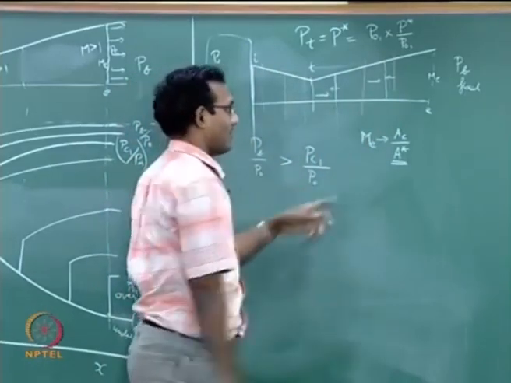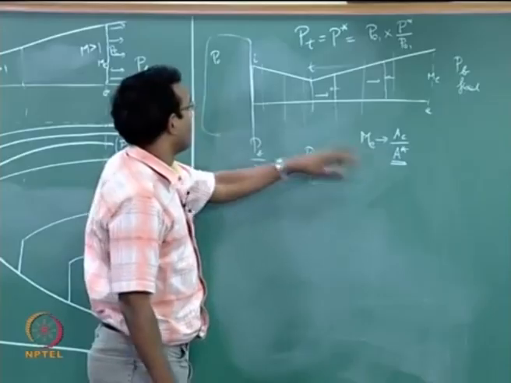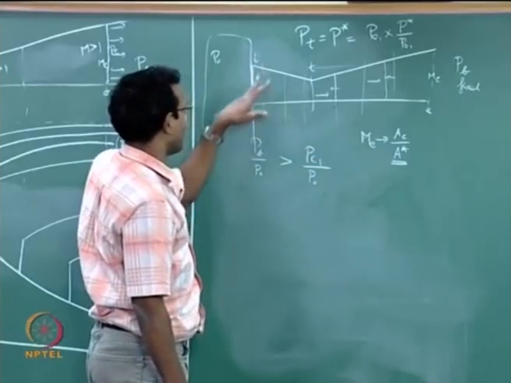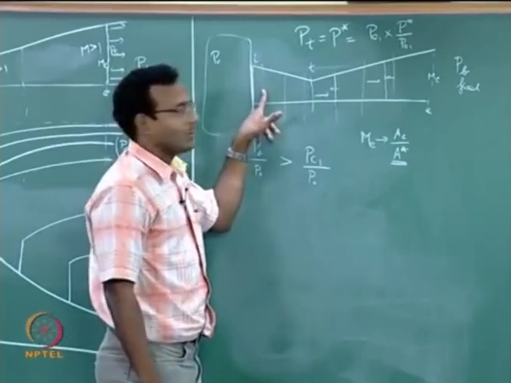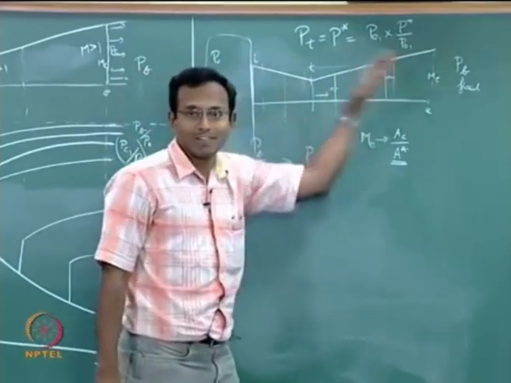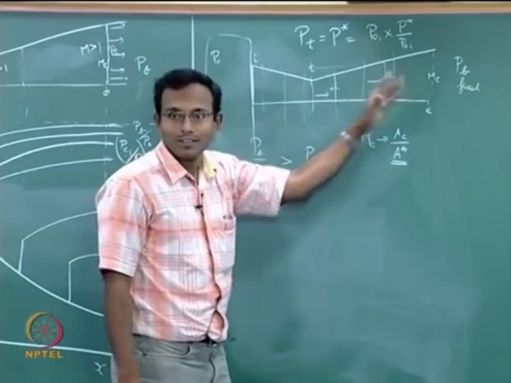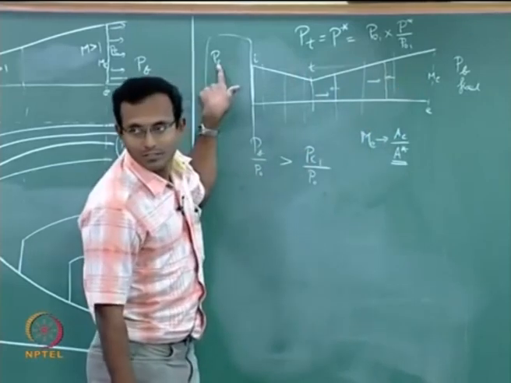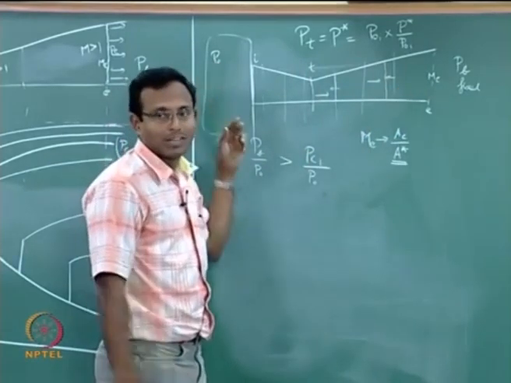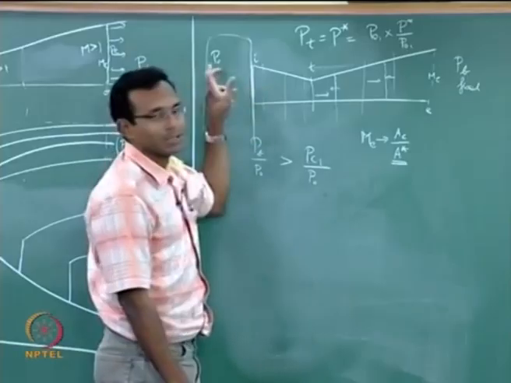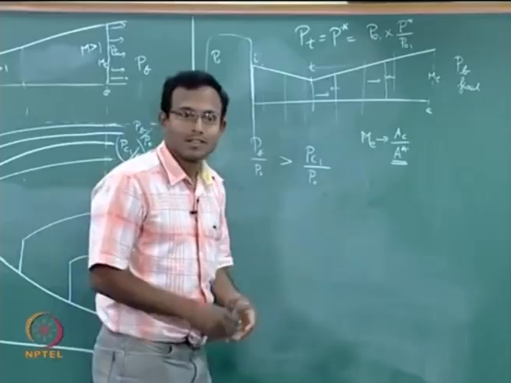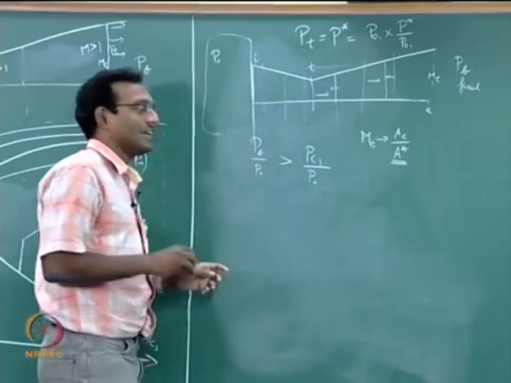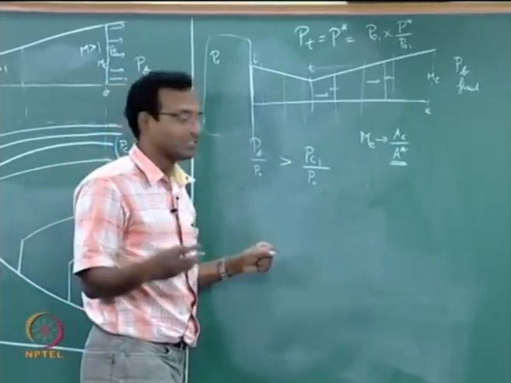All I have to do is take any particular area, and A by A star will give me my M at that location. Once I know the Mach number distribution everywhere, I can find pressure everywhere. Why? I know my P naught, so from my isentropic tables, for the given Mach number I will find the pressure. This is a simple way to solve this problem. We will deal with the other cases later because they need iteration.